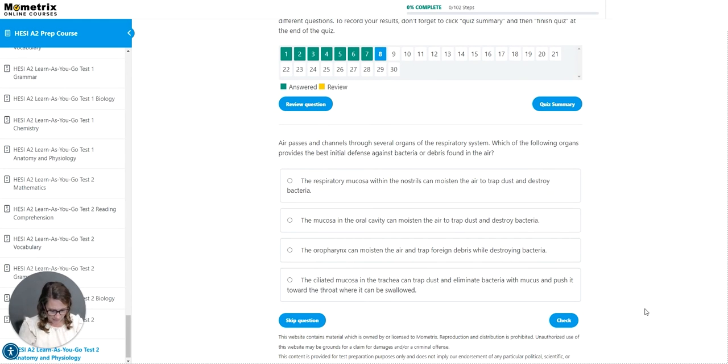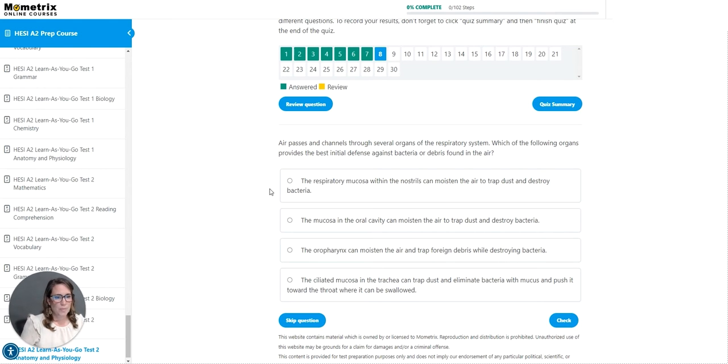Question number 8. Air passes and channels through several organs of the respiratory system. Which of the following organs provide the best initial defense against bacteria or debris found in the air? Okay, so I think our key word here is going to be initial. So when we're looking at these options, let's see what would be the initial defense.